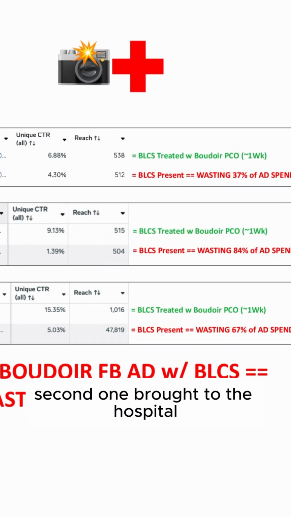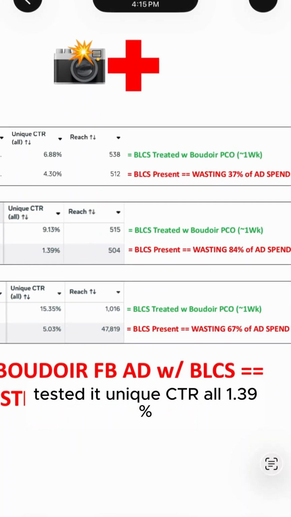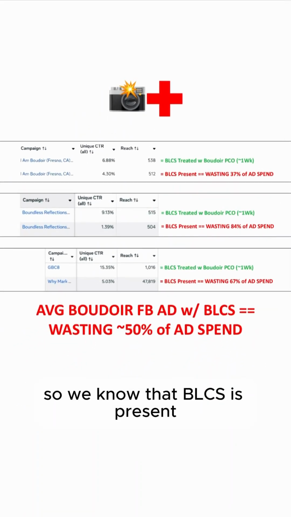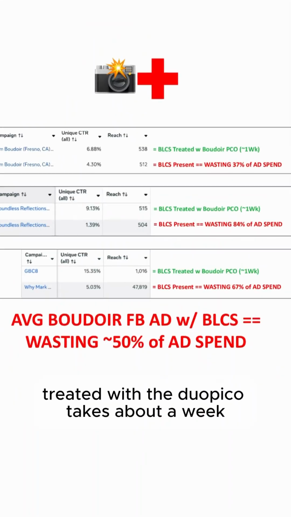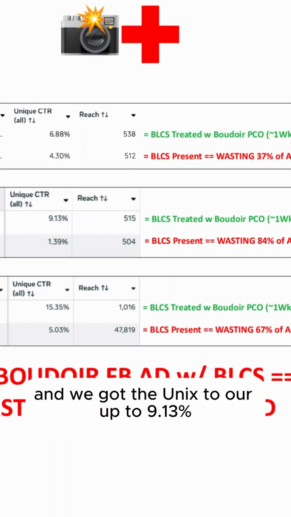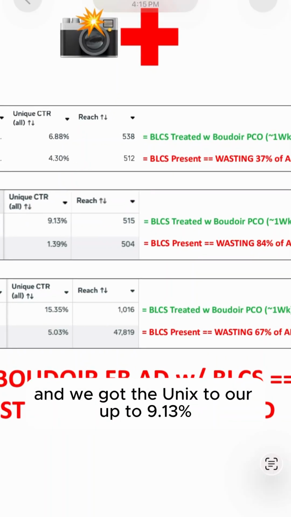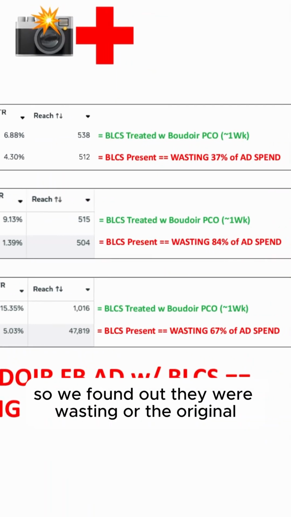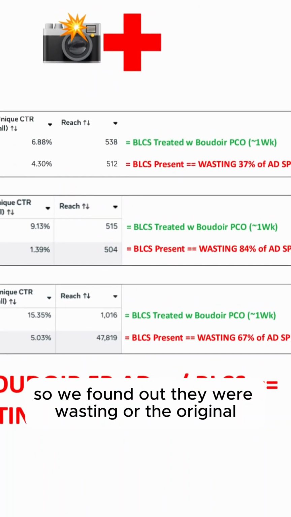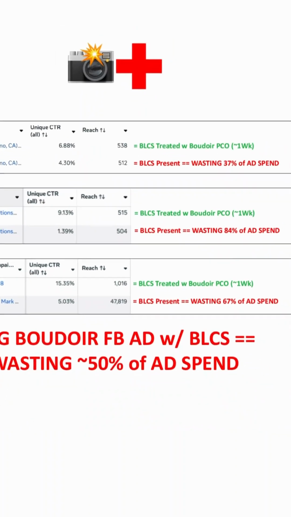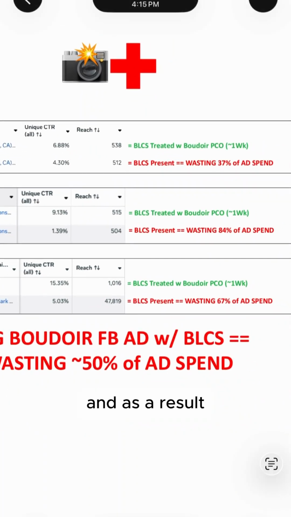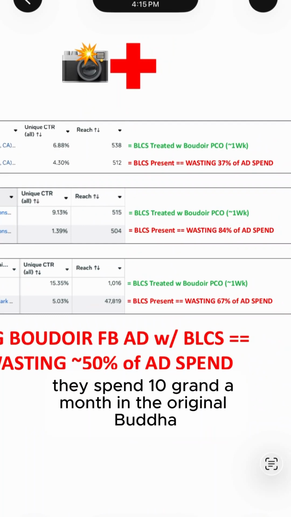Second one, brought it to the hospital, tested it, unique CTR 1.39%. So we know that BLCS is present. Same thing: duplicated, treated it with Boudoir PICO, takes about a week, and we got the unique CTR up to 9.13%. So we found out the original was wasting 84% of its ad spend. They were spending 10 grand a month on the original Boudoir Facebook ad.